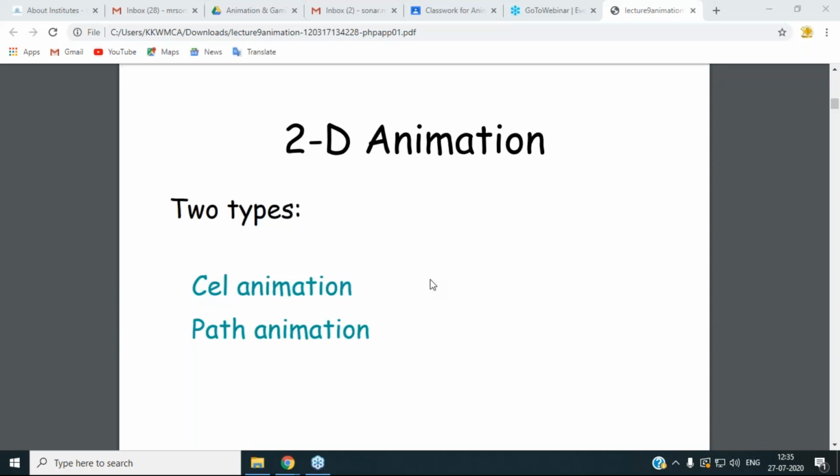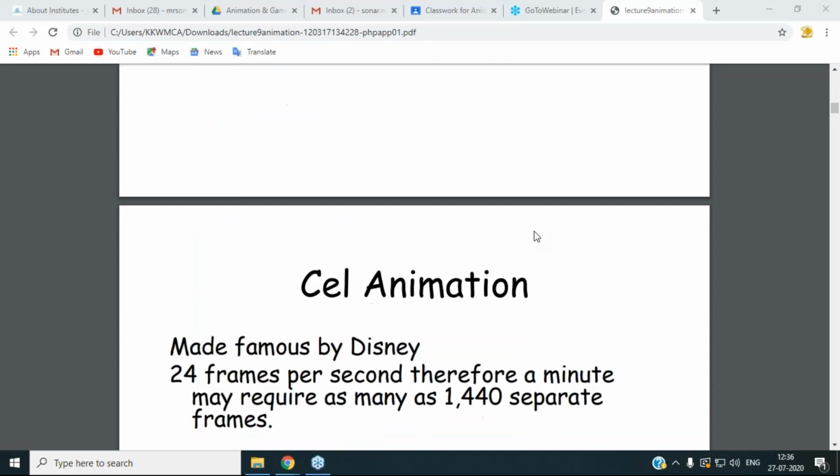Whereas in 3D animation, we are able to visualize a particular object from all dimensions. That is the difference between 2D and 3D animation. So let us see what those two types are.